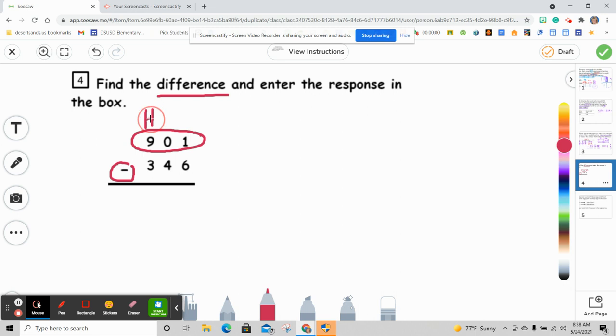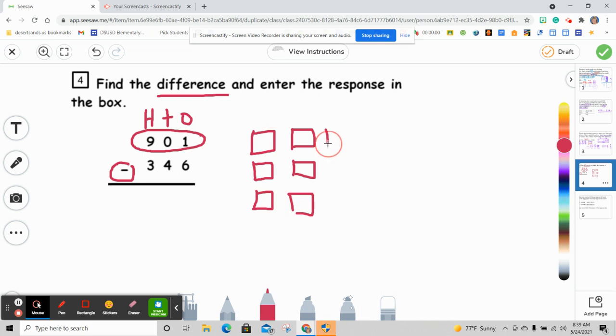So I'm going to HTO. And I have to draw 900. So that's 100, 200, 300, 400, 500, 600, 700, 800, 900.